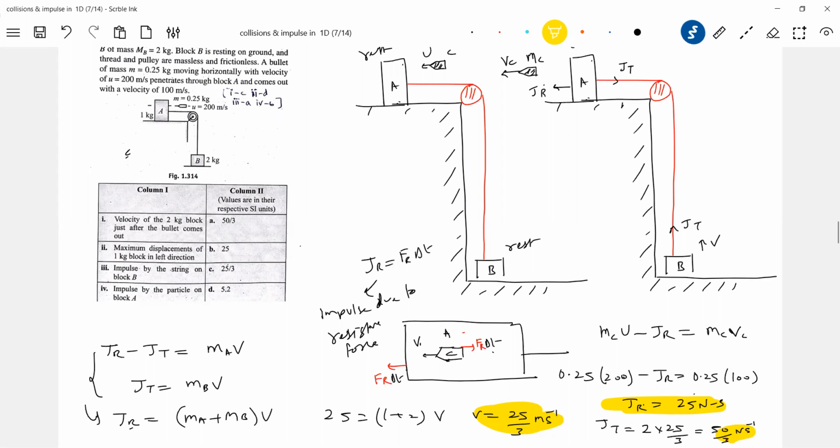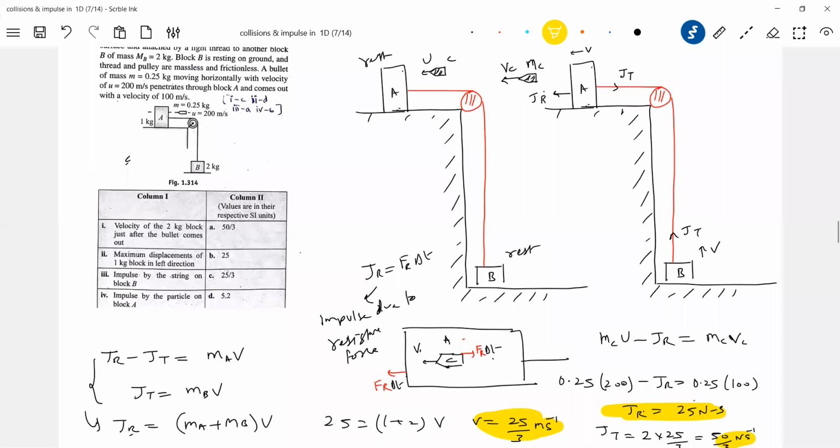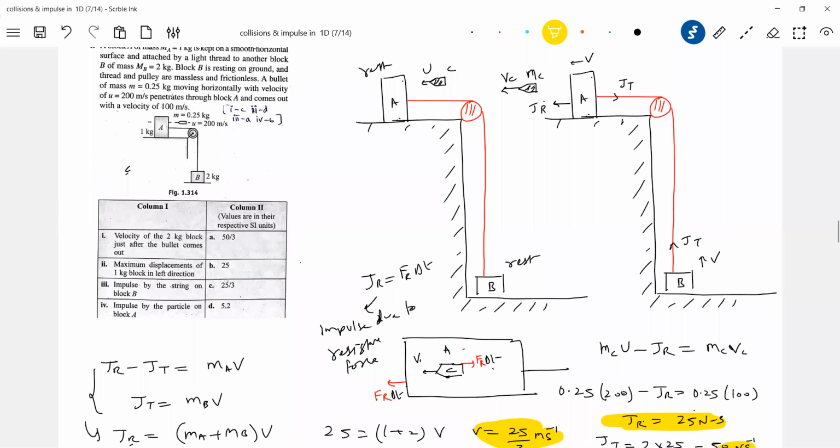So the expression for V is asking velocity, V is 25 by 3. Then maximum displacement of the 1 kg block in the left direction. How to get this? So this will undergo retardation, no? The block A and B, what will be the next type of motion? The blocks A and B will undergo retardation. They'll describe a retarding motion.